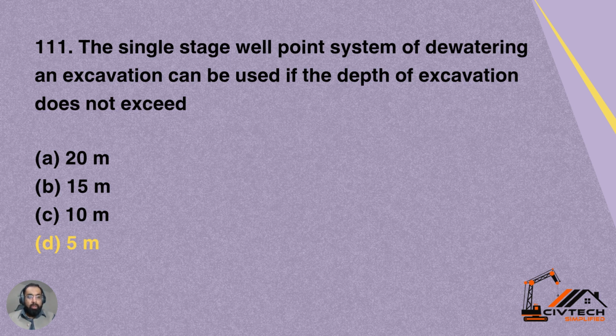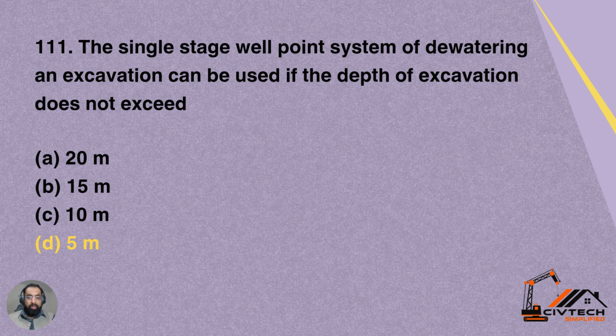Then we have question 111. The single stage well point system of dewatering and excavation can be used if the depth of excavation does not exceed option A, 20 meter, option B, 15 meter, option C, 10 meter, option D, 5 meter.